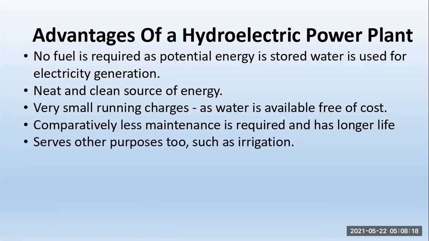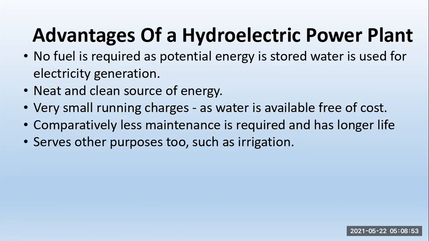Advantages of a hydroelectric power plant: no fuel is required, as the potential energy of stored water is used for electricity generation. It is a neat and clean source of energy. Very small running charges, as water is available free of cost. Comparatively less maintenance is required and it has a longer life.